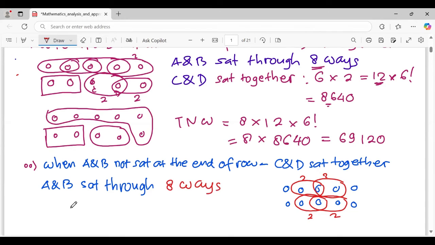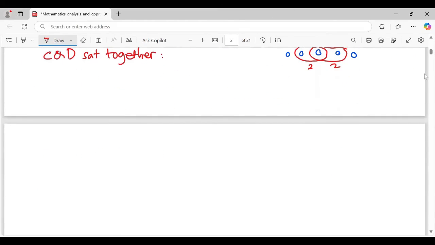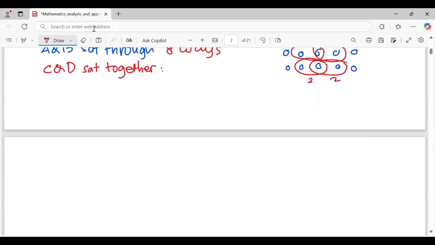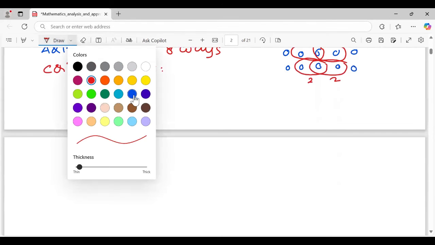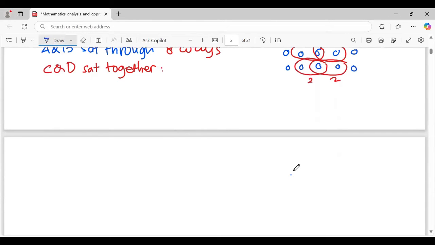How about C and D sat together? I'm going to show you a variation of this illustration.